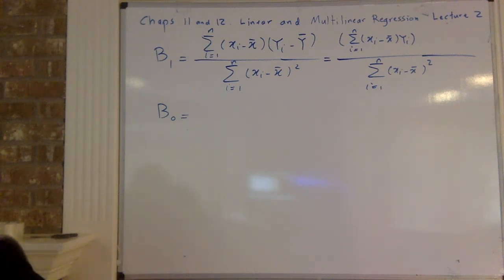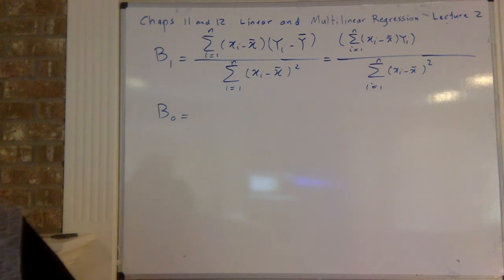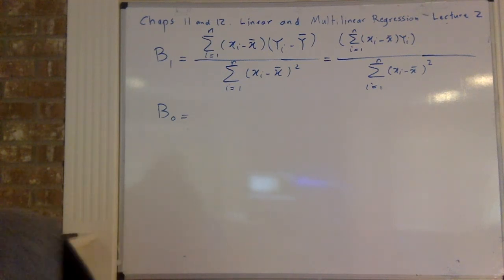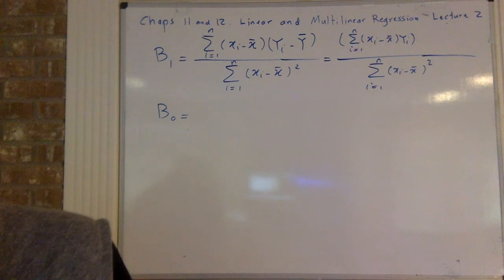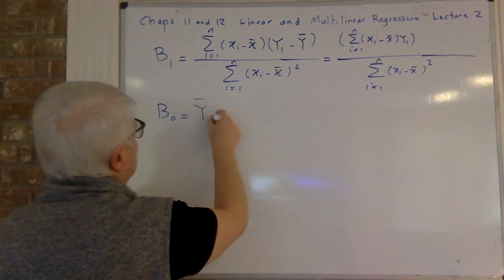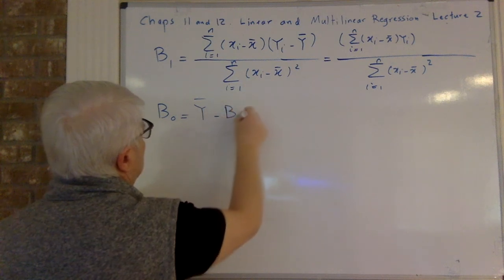I can't find it. B0 is y bar minus B1 x bar. So that's y bar minus B1 x bar.